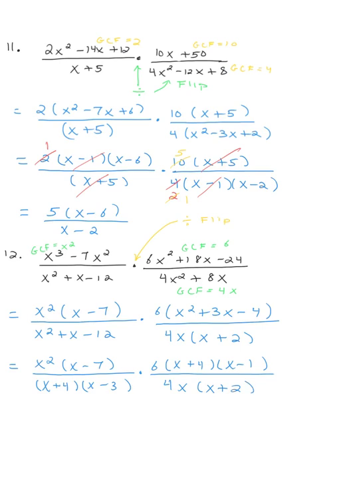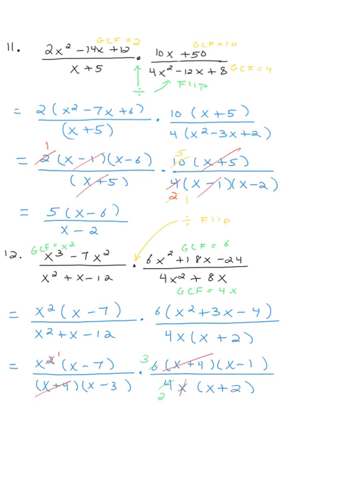Let's see what we have here. We've got an x plus 4 and an x plus 4. That's it for the linear factors, but here there's an x to the first, which I can cancel with one of those up here. Furthermore, 4 and 6 share a factor of 2.